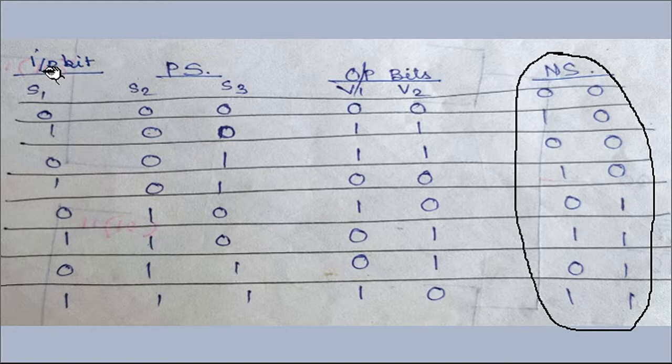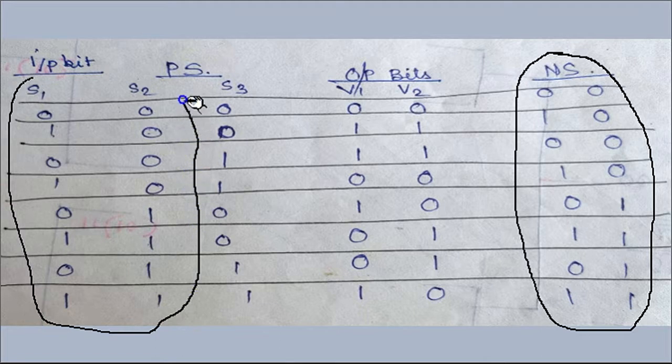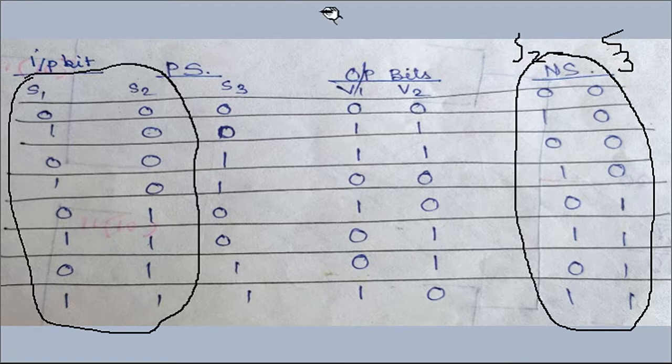It means whatever the status we have for S1, S2, the same status will be shifted to the next position after the first shift. So in the column of input bit and present state, the first two, S1 S2, can be written as S2 S3 as the next state. This is the simplified structure to prepare the state table.